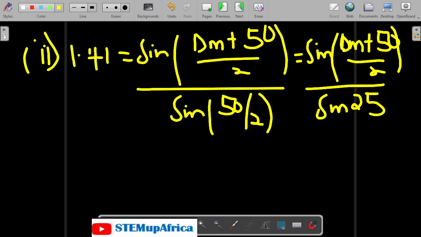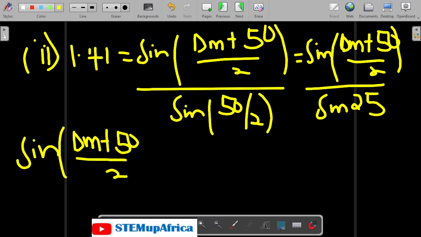That is 50 divided by 2. So if I cross multiply, I'm going to have sine of (dm plus 50) over 2 equals 1.41 sine 25.